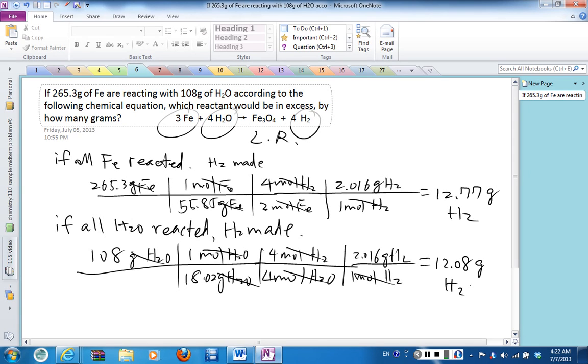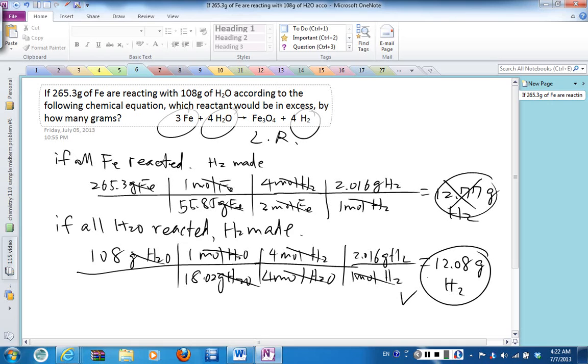Why? All the water together, that's all you had, can give you 12.08 grams of hydrogen. Is there any possibility that you get more than that? No. You simply wouldn't have more water to do that. You can never get there. You needed more water. 108 is not going to cut it for this number.